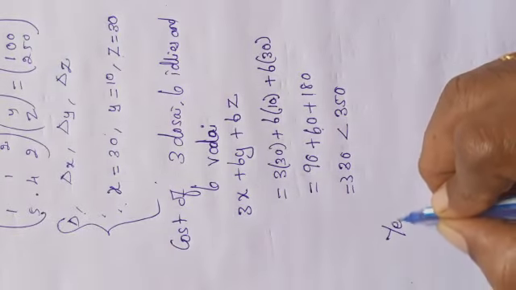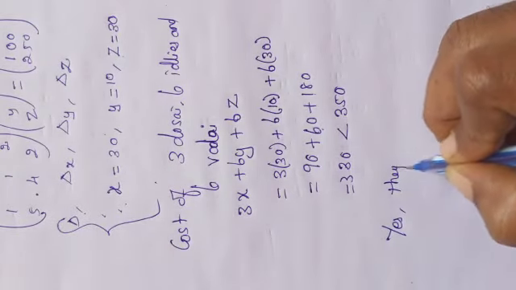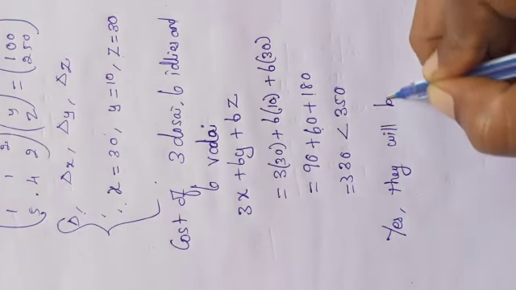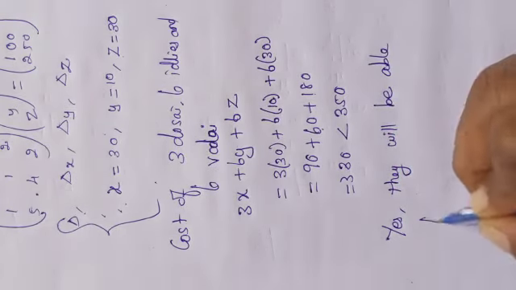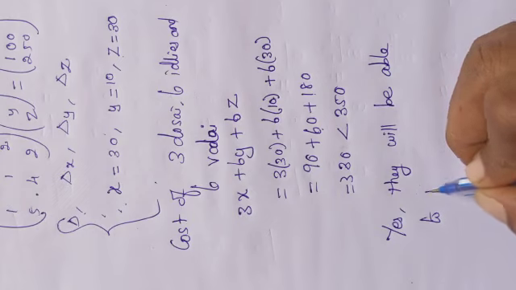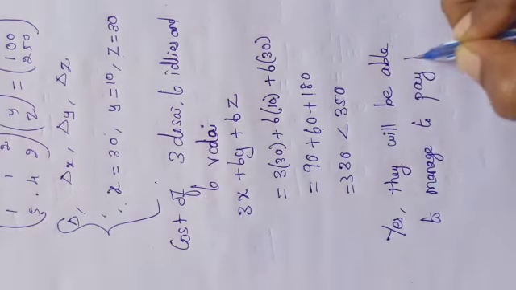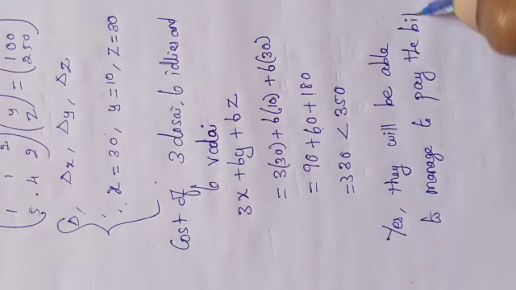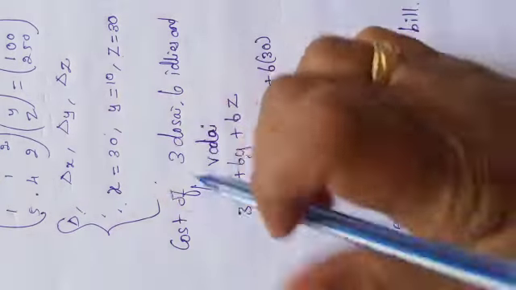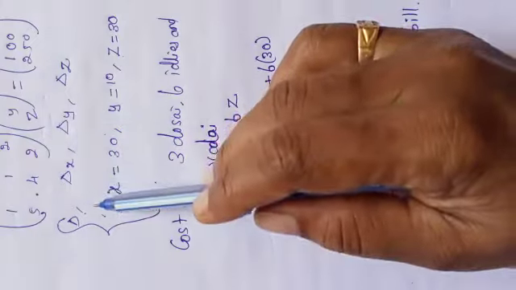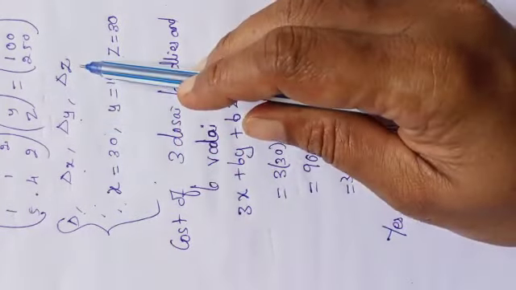Therefore, yes, they will be able to manage to pay the bill. Is that clear? So this you find out, okay? Find out delta, delta x, delta y, delta z.